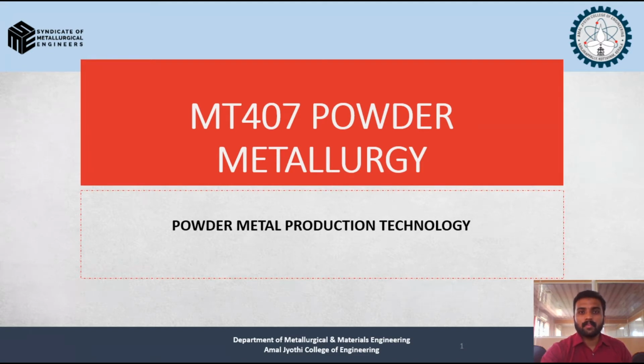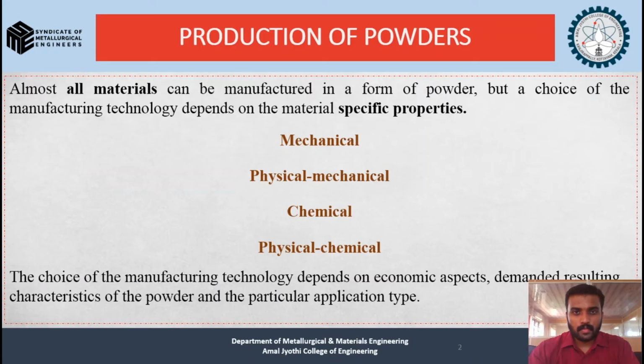So today we will be discussing powder metal production technology. Since you are studying the subject powder metallurgy, we should understand how to make the powder. Almost 118 elements have been found in our periodic table, and almost all materials can be manufactured in the form of powder.